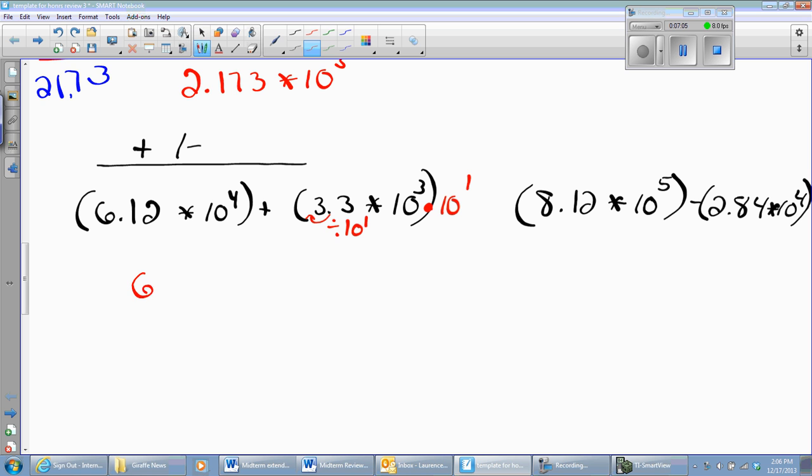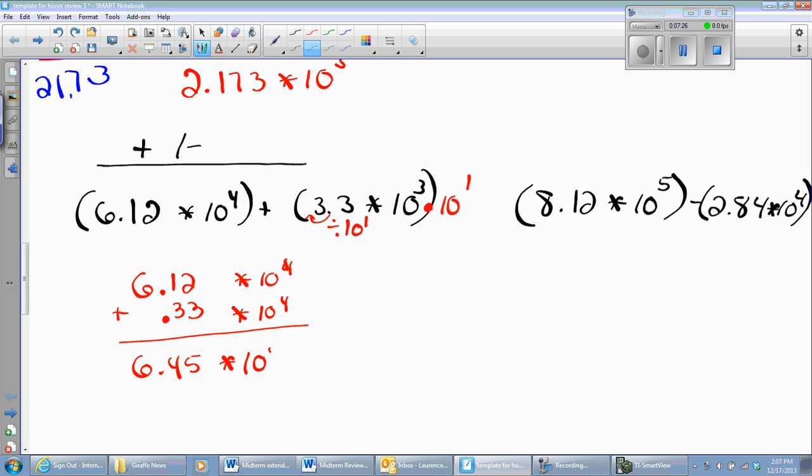Now I have 6 and 12 100ths plus 33 100ths, and it's times 10 to the fourth and times 10 to the fourth. And so I will get 6 and 45 100ths times 10 to the fourth. It's already in scientific notation because the coefficient is between 1 and 10.